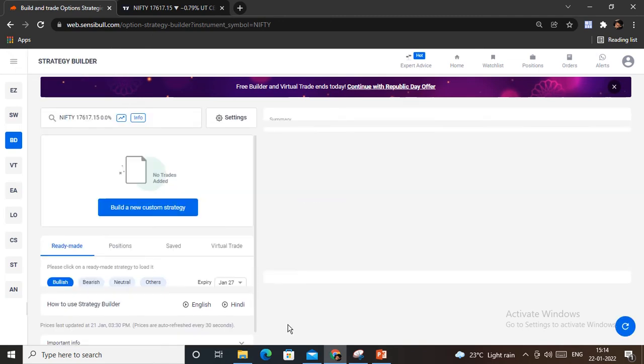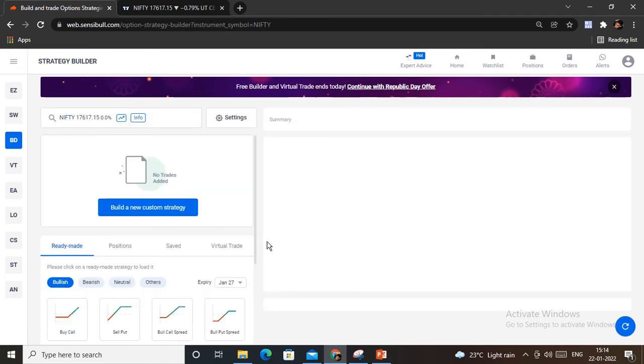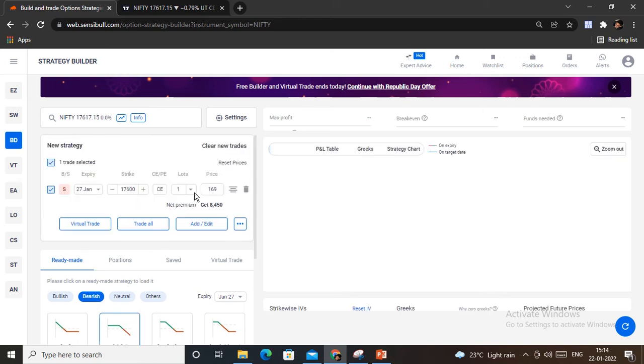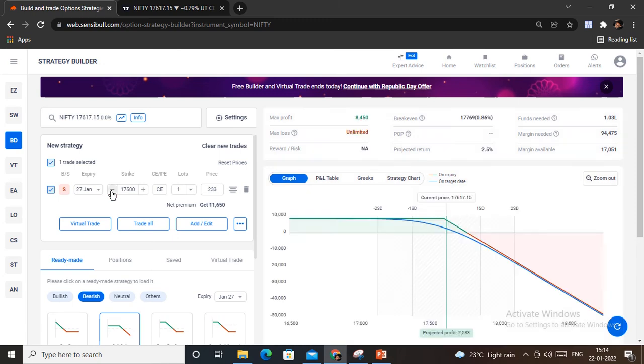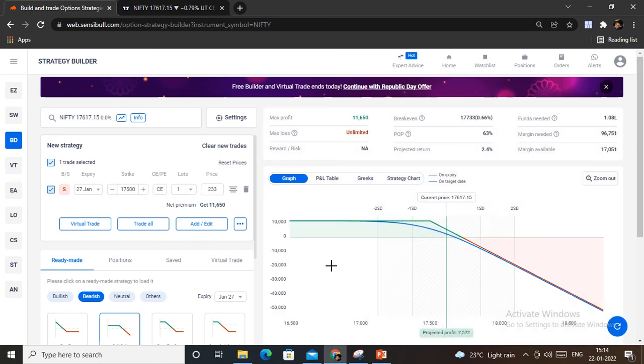So right now the market is at 17,600, and some people who are so bearish are selling the 17,500 call option. Okay, I know there is a risk of selling the 17,500 call option as it is an in the money call option, but what is the intrinsic value of the 17,500 call option?